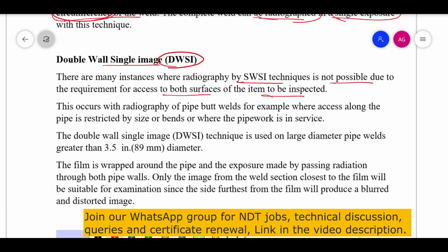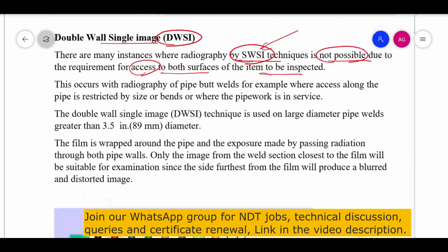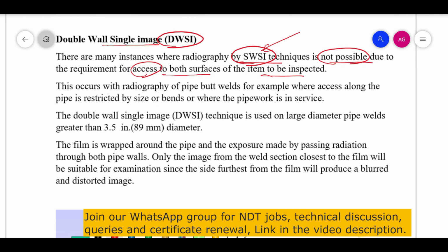So in many cases we cannot use the SWSI technique because accessibility is not possible. In SWSI we have seen that two-side accessibility is required. So if two-side accessibility is not there, you cannot use SWSI. In that case you have to go for the DWSI or DWDI technique.